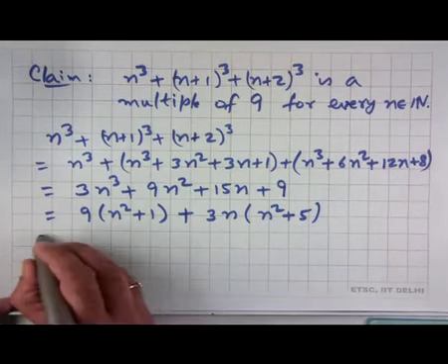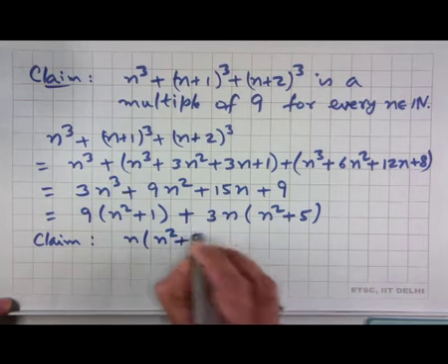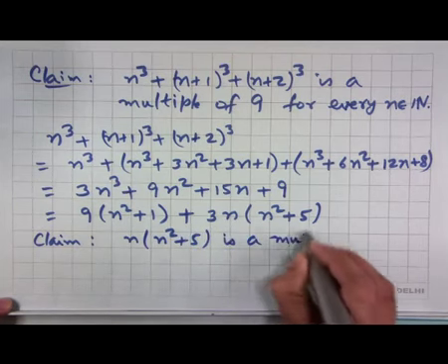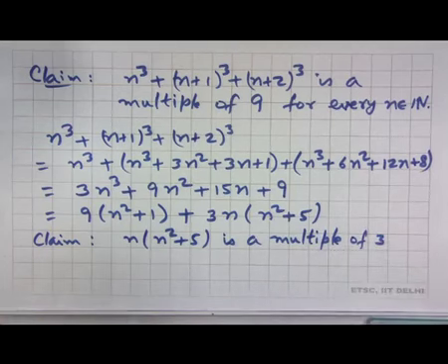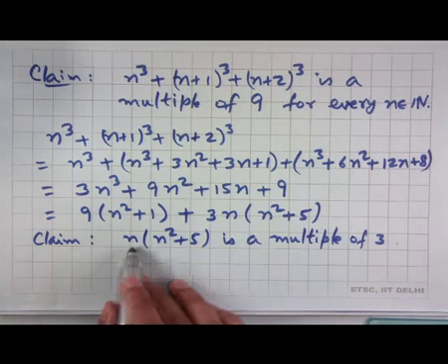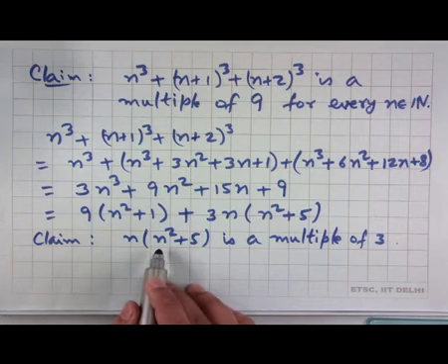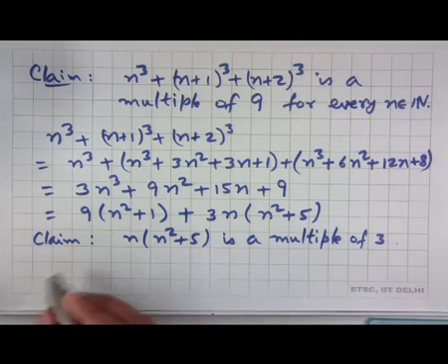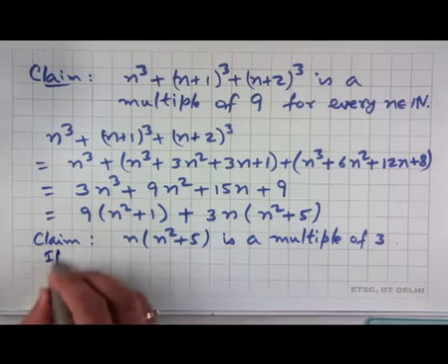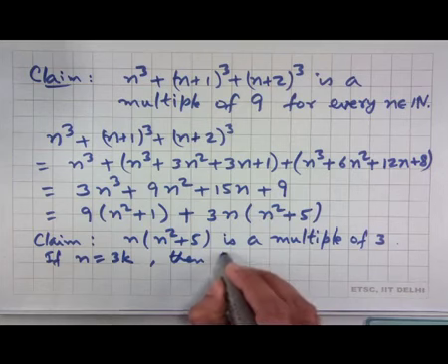So, another claim is n times (n square plus 5) is a multiple of 3. If n is a multiple of 3, then of course, this is a multiple of 3. If n is not a multiple of 3, then n must be of the form 3k plus 1 or 3k plus 2, and then you just calculate. So, if n is equal to 3k, then this is fine.